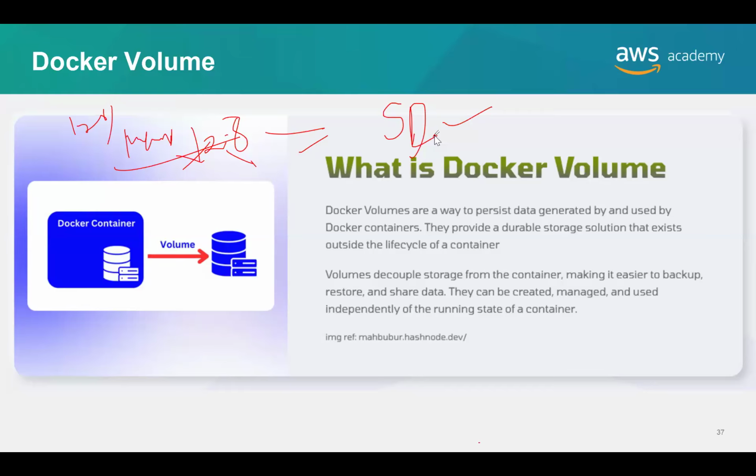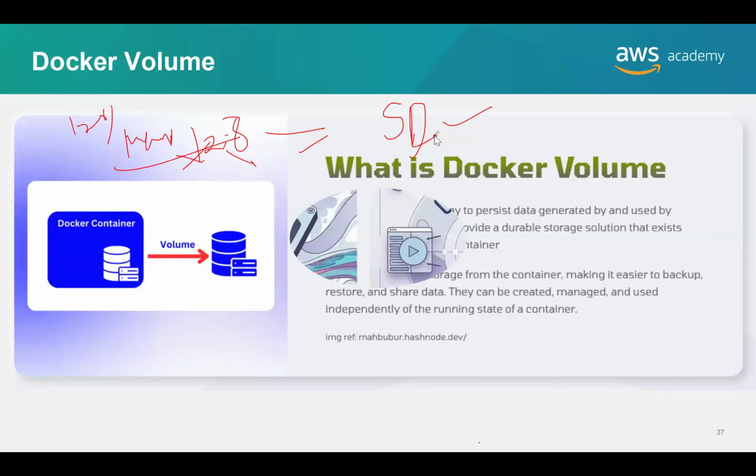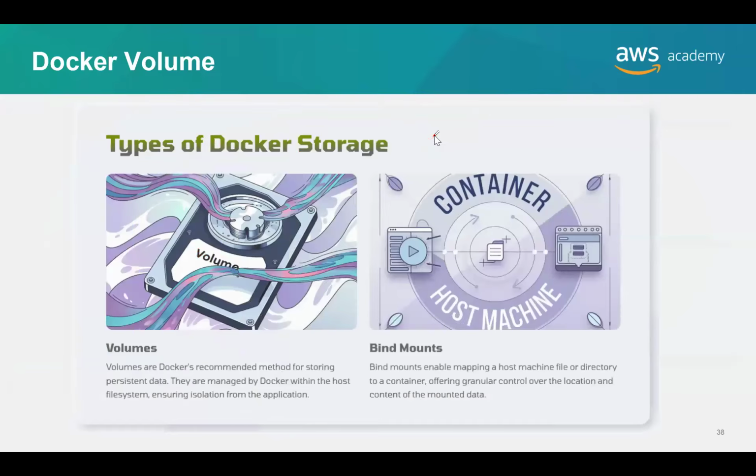Volumes decouple storage from the containers, making it easier to backup, restore, and share the data as well. So they can create and manage, used and implemented of the running state of a container as well. There are two types of Docker mounts.